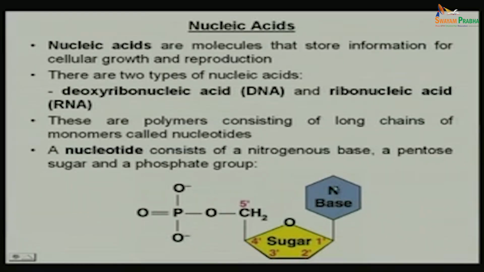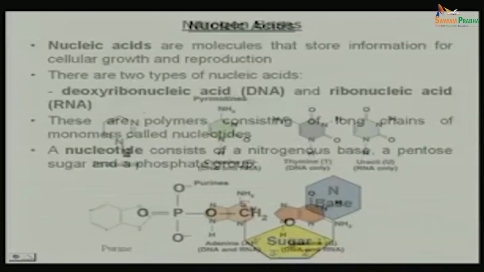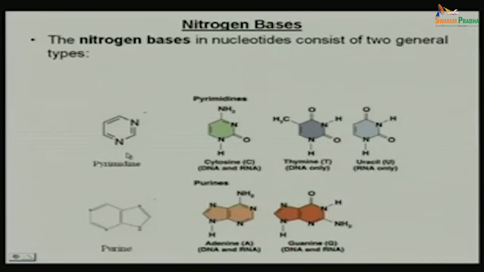So, here one nitrogen base is attached to the sugar moiety, and to the fifth carbon of this sugar one phosphate group is attached. When the sugar, nitrogenous base and phosphate group are there, we call it a nucleotide.